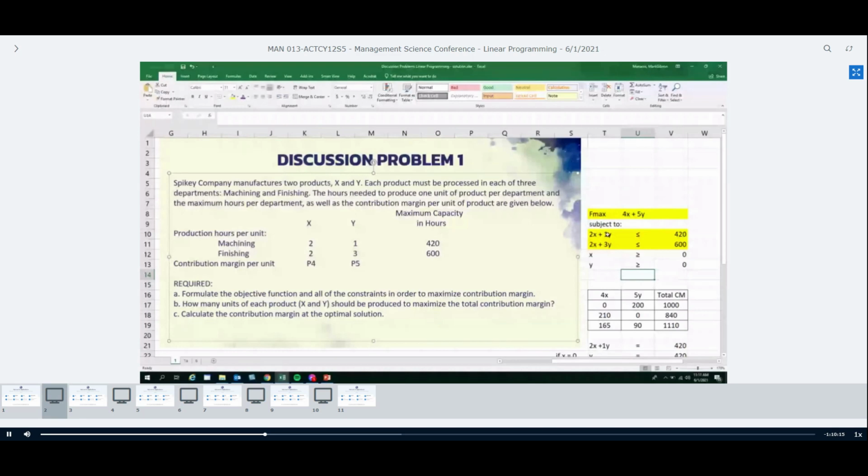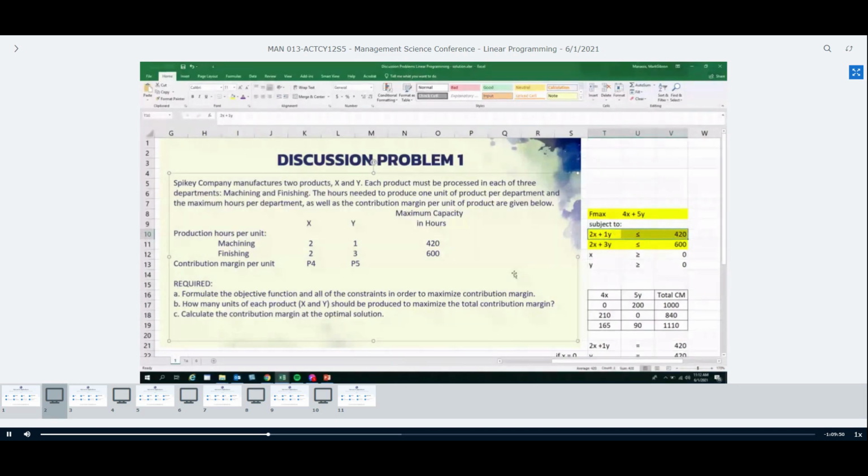But in total, it can only be equal or less than 420 hours. Yung combined hours nila should only be equal to or less than 420 hours. So that's our constraint, no?